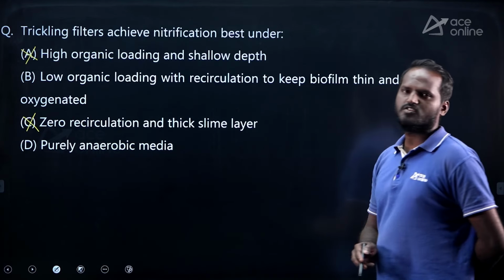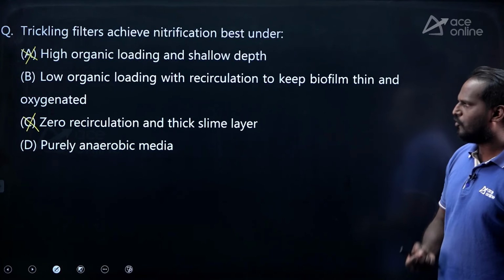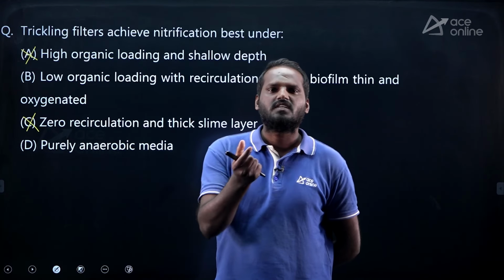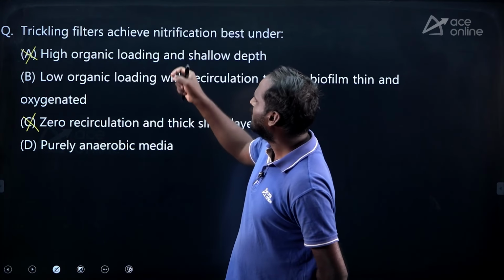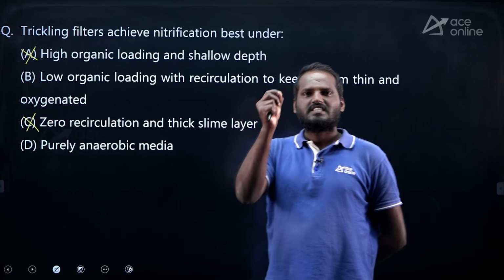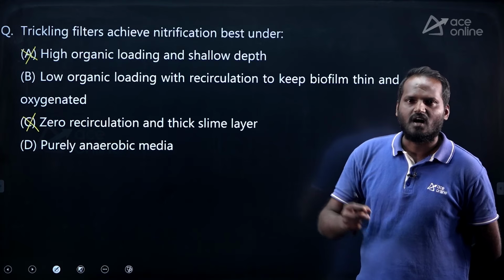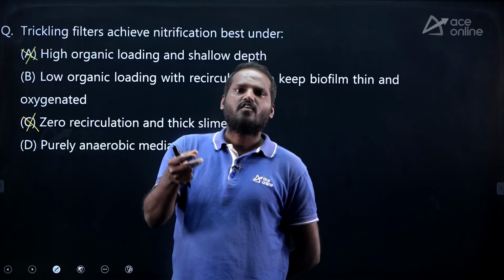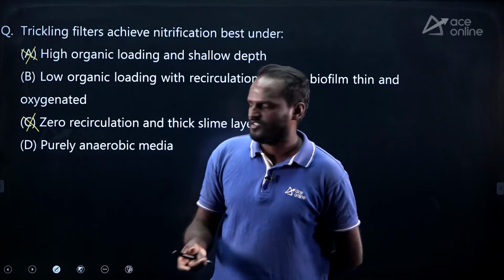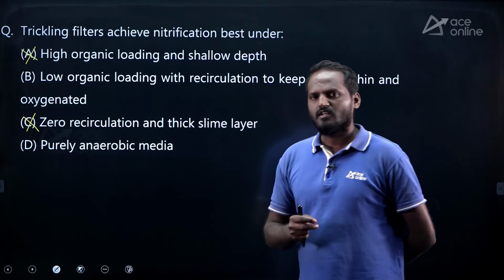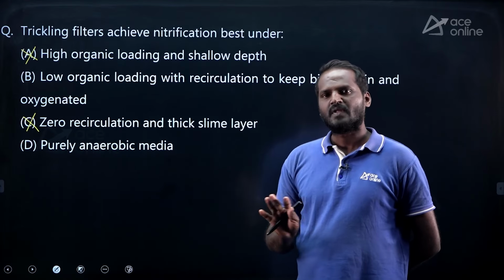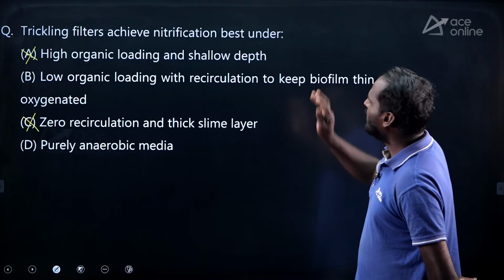Look at the last one, purely anaerobic media. If we have anaerobic conditions in an aerobic treatment, what happens? Endogenous decay. What is endogenous decay? All microorganisms die due to lack of free oxygen. With a lack of free oxygen, they enter the endogenous death phase, so purely anaerobic media is not good for nitrification.